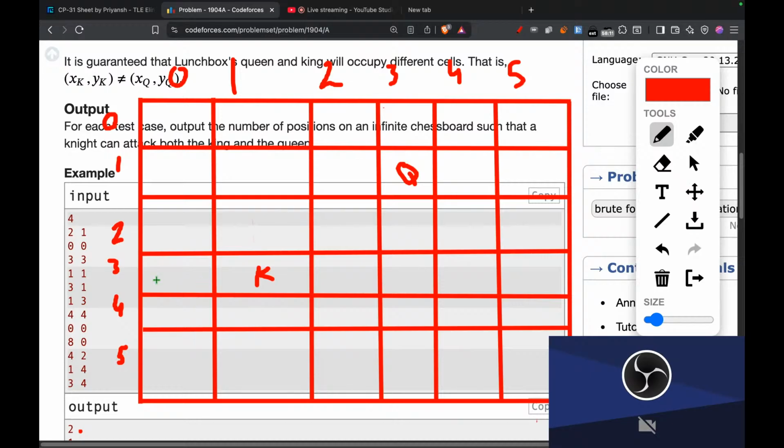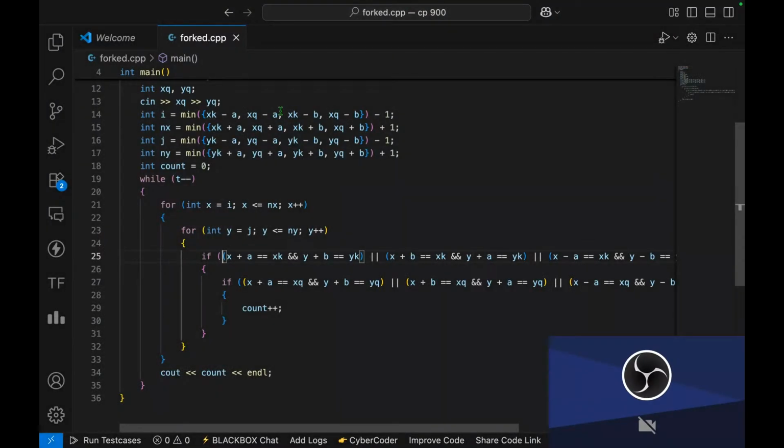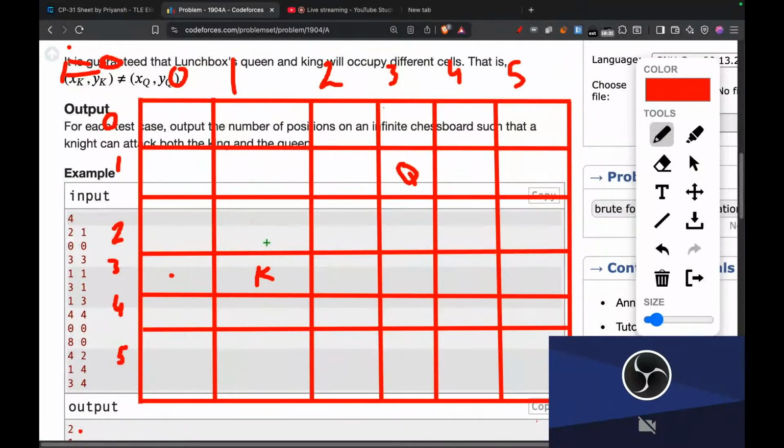So the minimum is 1, minus 1 is 0. So we can start with i as 0, and j is similarly k minus 1, and here the minimum is this, which is 0. So from here our course starts.